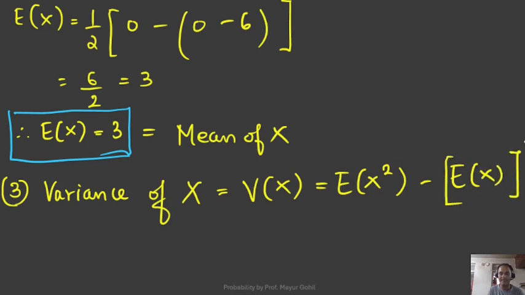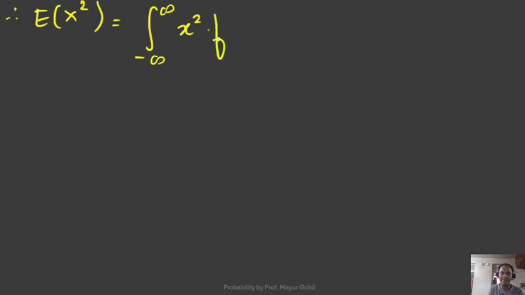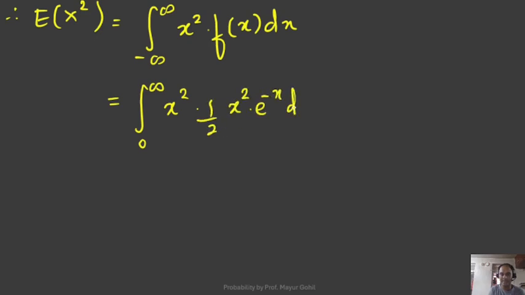That's the way it is calculated. There's the formula, the simplified version. So let us calculate E of x square. Therefore, when we have to calculate E of x square, we will first do the formula as the ritual is: x square into f of x dx, and now when you plug in the limits of the PDF, it is from 0 to infinity x squared times half into x squared into e raised to minus x dx.